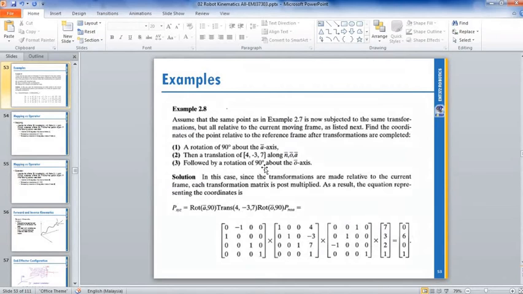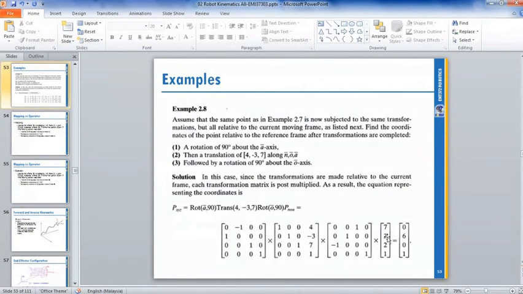Turn counterclockwise 90 degrees and move 4, -3, 7, based on your translation. And then rotate 90 degrees about the Y axis.